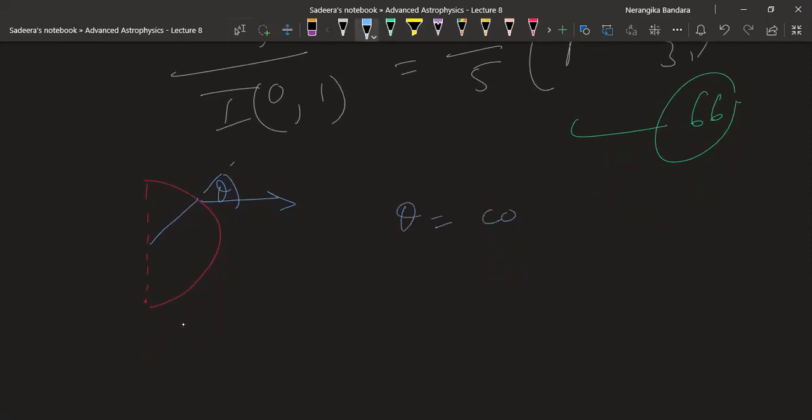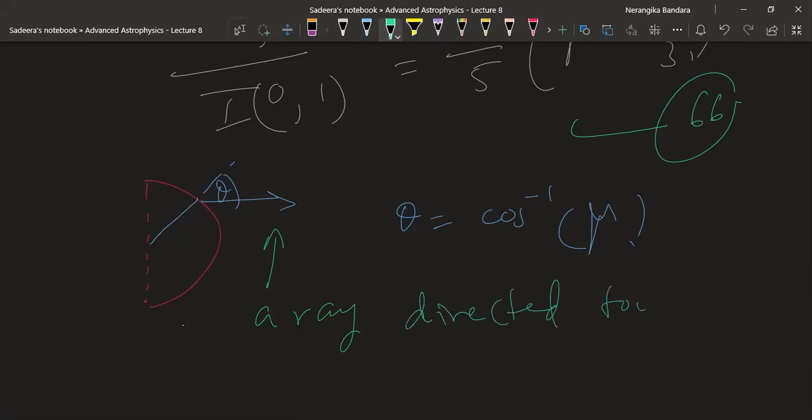Theta is just the cosine inverse of mu. Anyway, I just have to write down that this is a ray directed towards an observer.